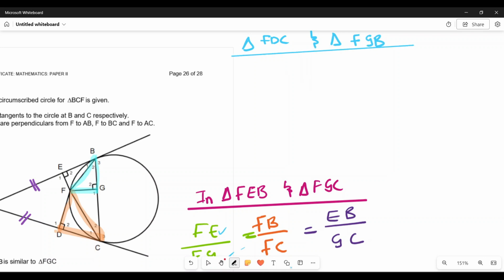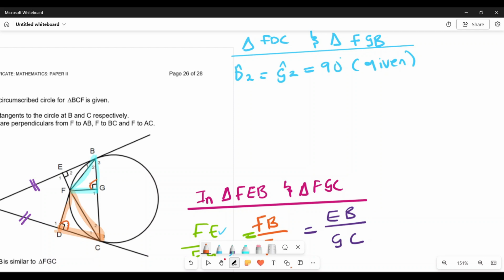Can you see two angles in each triangle that are named? So here I'm going to say D2 is equal to this angle, G2, and they're both equal to 90 degrees, and this was given. Now, the other remaining angles, these are equal.